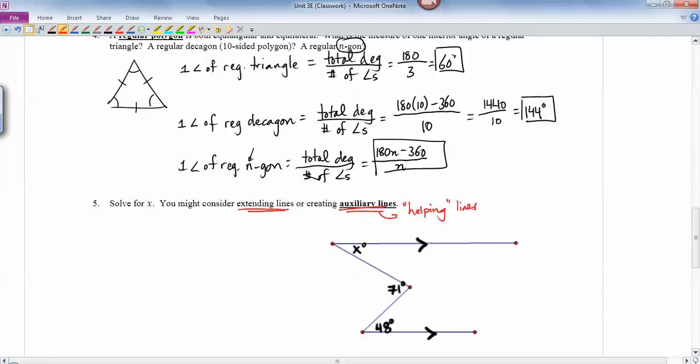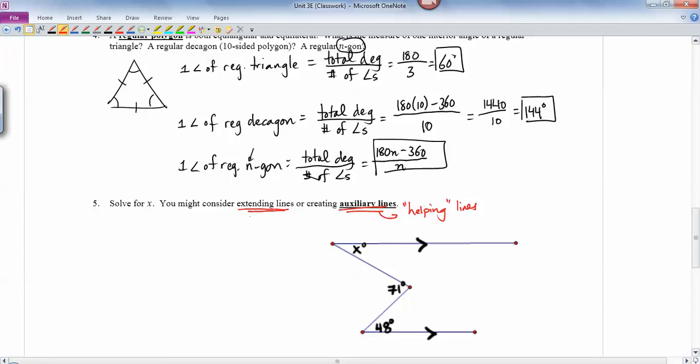So you actually create a new line. In this problem, extending lines is often helpful, and we've done it occasionally in the past. When you're doing helping lines, auxiliary lines, typically what you want to do is draw lines that are parallel to lines that are in the picture, or perpendicular to lines that are already in the picture, because right angles tend to be easy to work with.